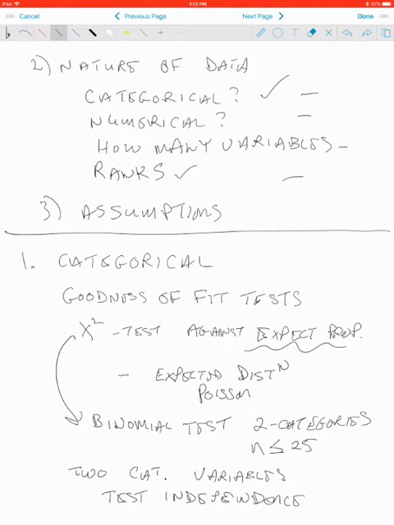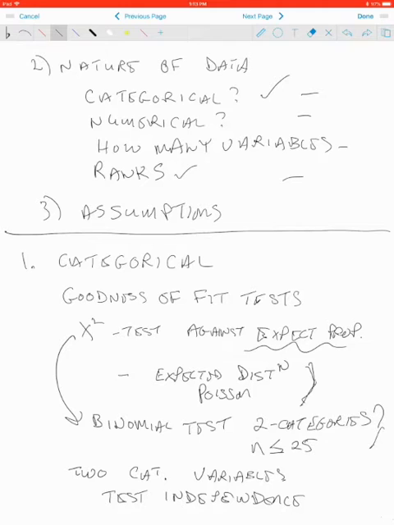Okay, so if you have nothing but categorical variables, we're in this sort of realm of goodness of fit tests, where you might be testing against some expected proportions driven by genetics predictions, or by sex ratios might be equal, or by expected distributions of things, such as the Poisson distribution is something randomly distributed.